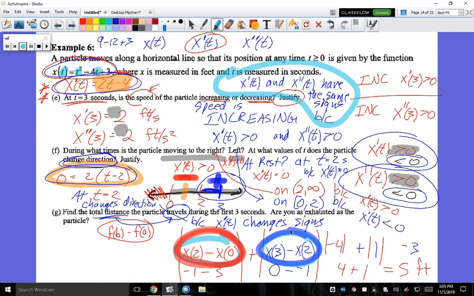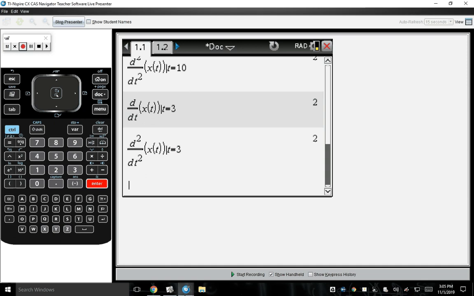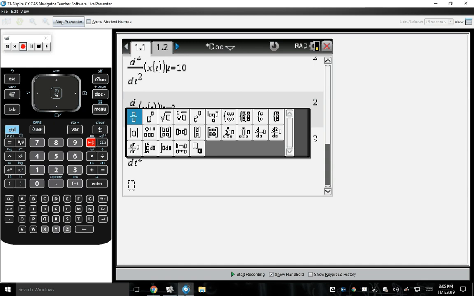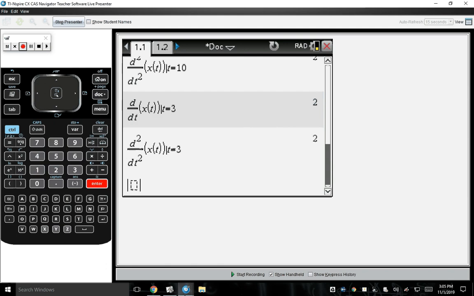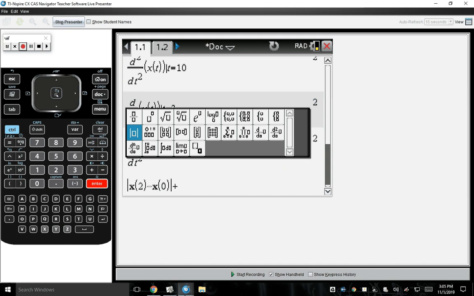So yes, you can put this into the calculator as you see it, okay? Here we go. We're going to say the absolute value. Remember that key is right next to that number 9. And we're going to say the absolute value of x at 2 minus x at 0. And then we're going to add the absolute value.